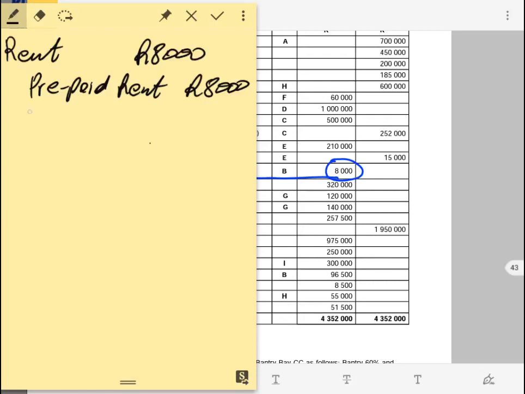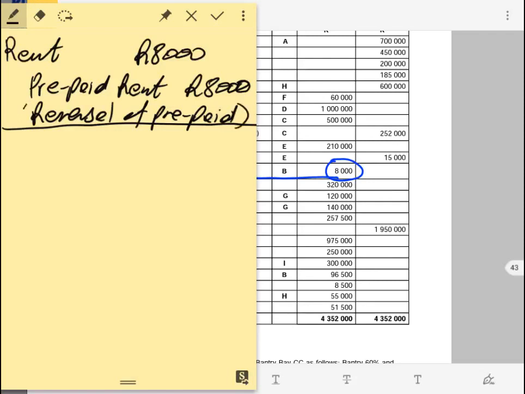Remember, prepaid expense is an asset, so now we are cancelling the asset because this prepaid rent is no longer prepaid in the current year. It was prepaid for the current year, and when the current year arrives, it's no longer prepaid. Under the narration, you can just say reversal of prepaid expense, because we were reversing a prepaid rent.